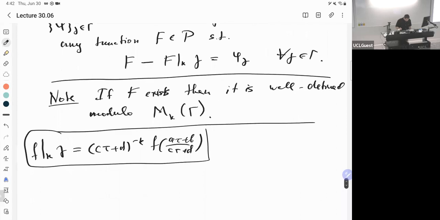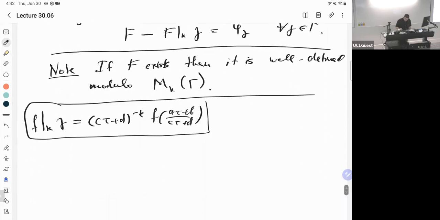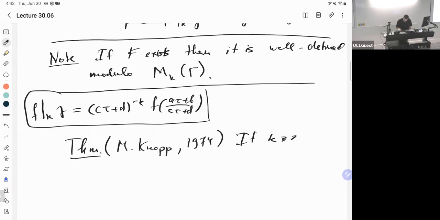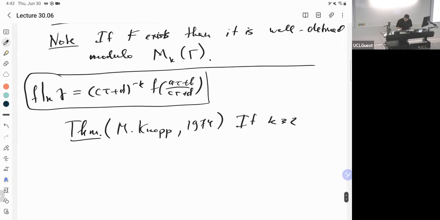There is a result, which is reasonably old, which tells you quite a lot about modular cocycles as long as the weight is greater than or equal to 2. It's a theorem by Marvin Knopp in 1974. Here it's now important that we're talking about modular forms, not just arbitrary abstract group cohomology.